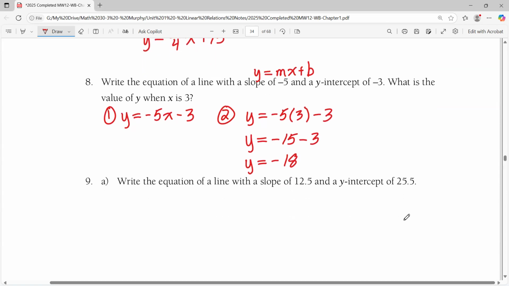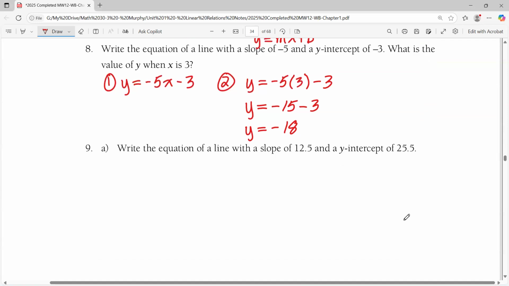Okay. 9a. Write the equation of a line with a slope of 12.5 and a y-intercept of 25.5. So it says the slope is 12.5, put the x, and then the y-intercept is a positive 25.5.